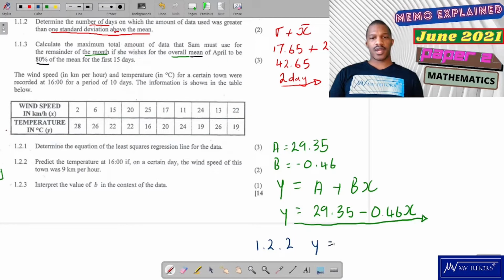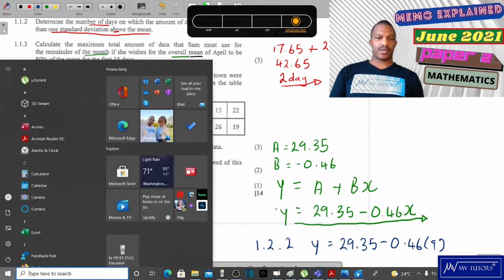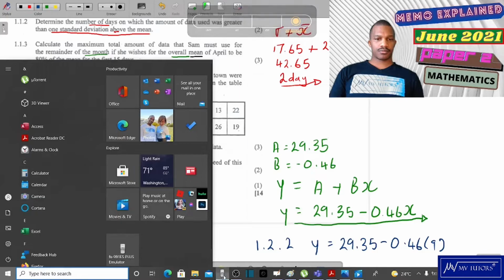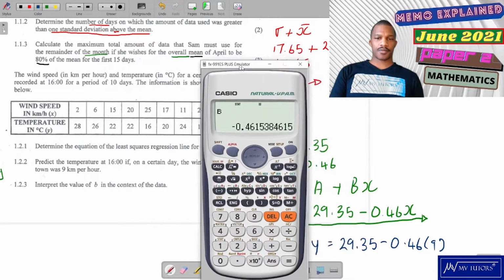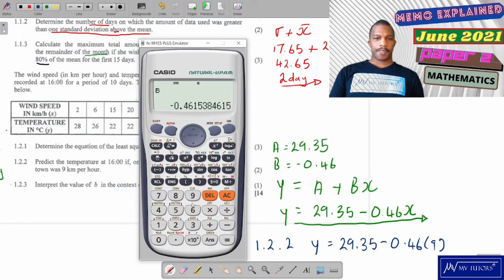We'll use the same equation above for y. So y equals 29.35 minus 0.46. Where there's an x, we'll substitute that 9. Let's get the calculator. This time we need to go back to our math mode.